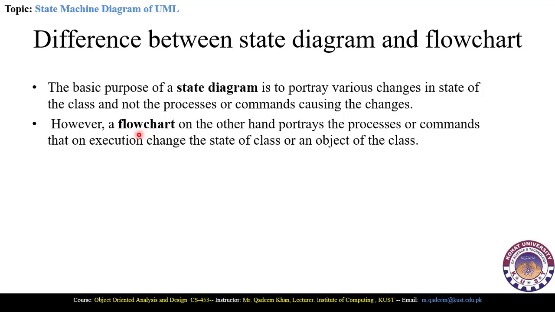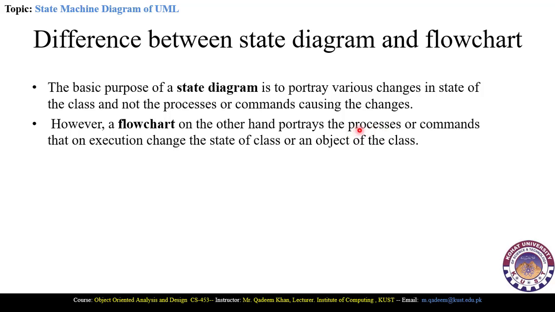While in the flowchart diagram, we in fact provide the process or commands of certain execution of the functions of that particular object belonging to that particular class. So in the flowcharts, we have a certain sequence, exactly like in the process or in the commands. Like the waterfall model is a process model.